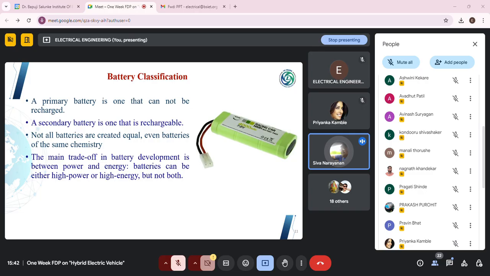The fundamental difference is that during charging one process happens chemically, and during discharge another process happens chemically. In rechargeable batteries, we are able to bring back those chemical reactions, so the battery can be charged again and again. But in non-rechargeable batteries, we are not able to bring back that chemistry, so it is not possible for us to recharge. We will see that in the further slides. Okay, next slide.